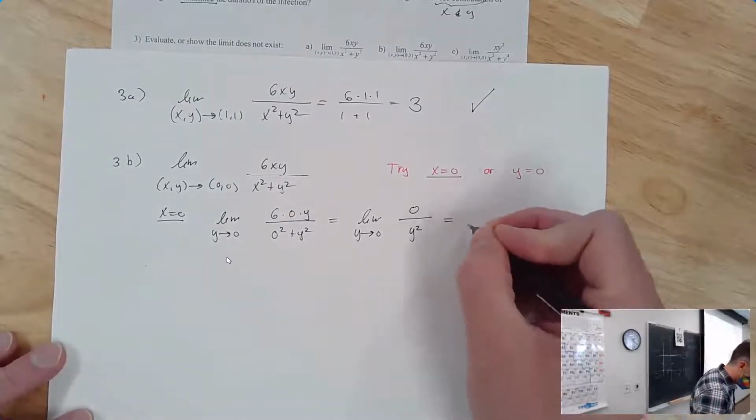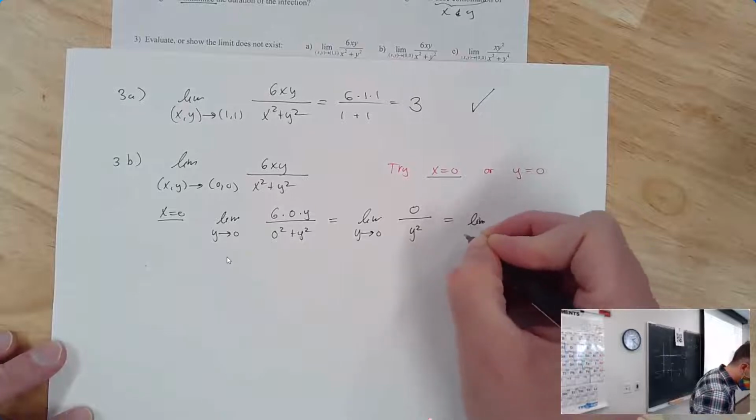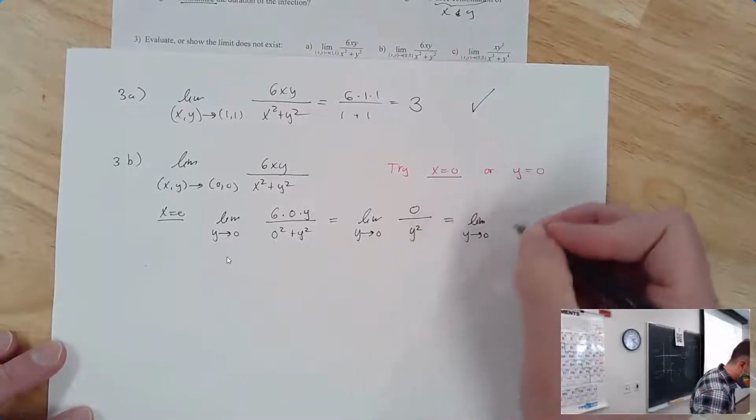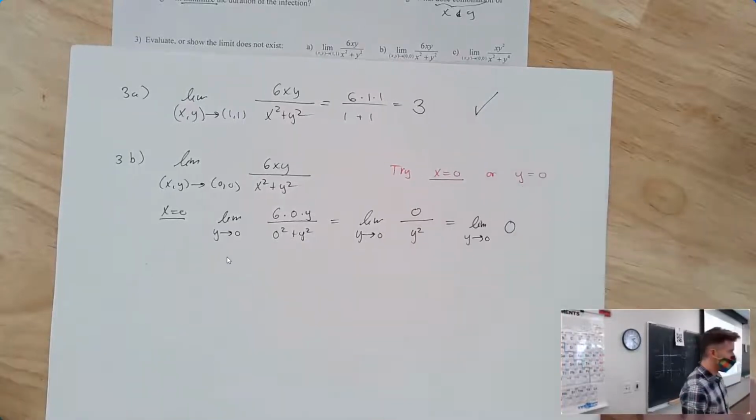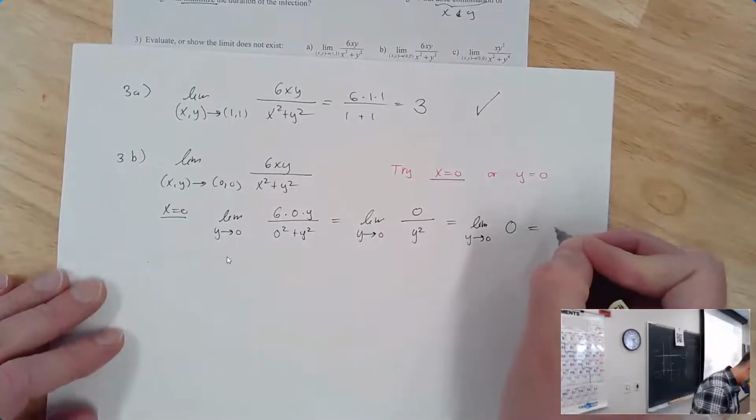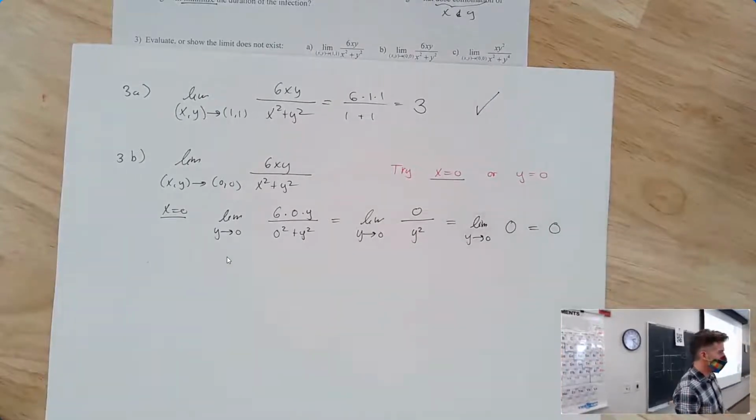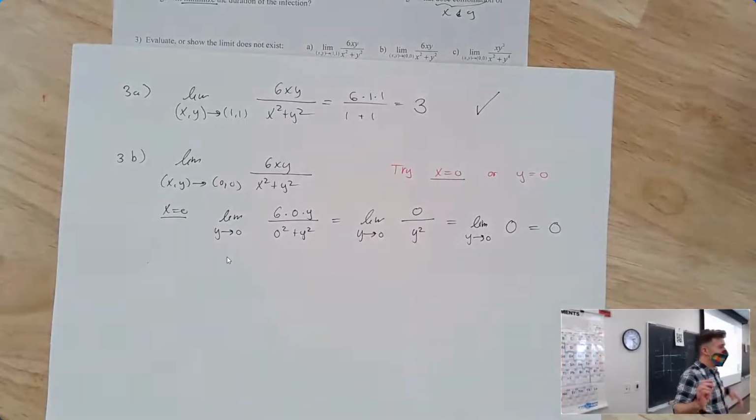So before I even take the limit, I recognize that I'm taking the limit as y approaches 0 of something that's always 0. Then you get to make the easy conclusion that the limit of a constant is just the constant. So 99 times out of 100, when you pick y equal to 0 or x equal to 0, the limit ends up being 0 because you have 0 on top and not 0 on the bottom. It's easy. Now we just have to find another path.